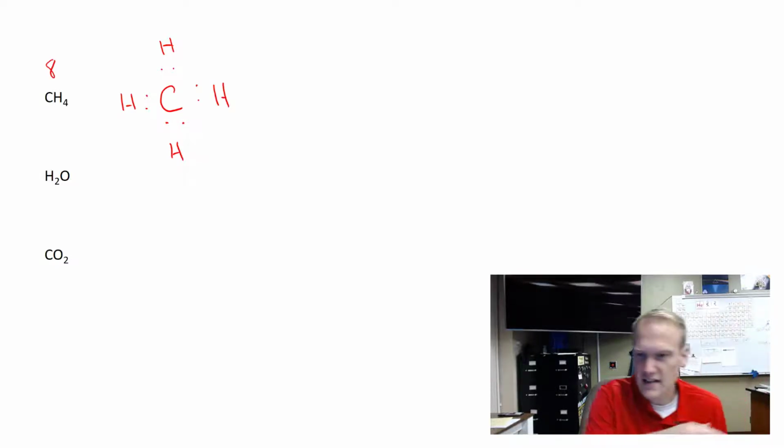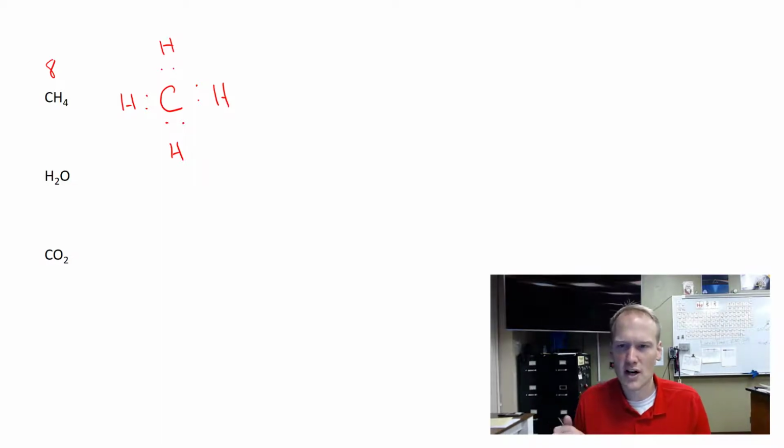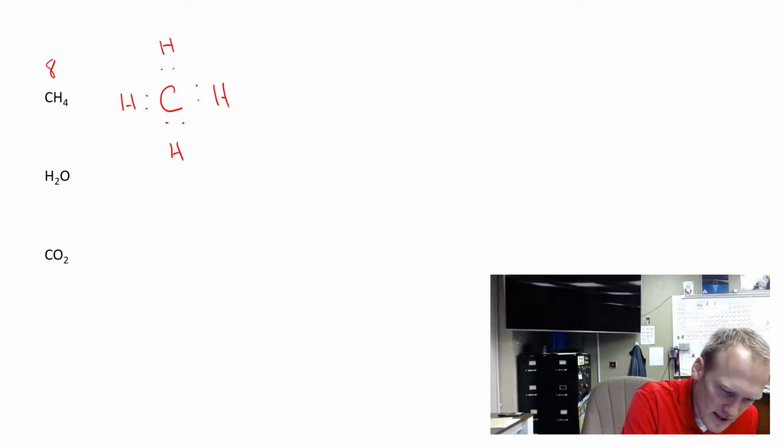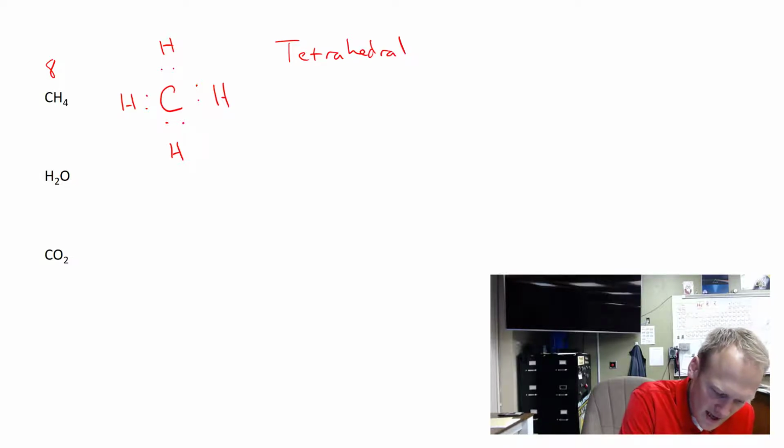So if you look at methane, we've drawn this several times now. We know that we're going to have hydrogens on all the sides of carbon here. This would have 8 valence electrons, and we've placed 8. The hydrogens are stable, the carbons are stable. So this is going to be a tetrahedral, and we need to figure out what kind of bonds they have.